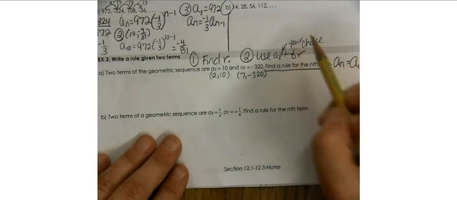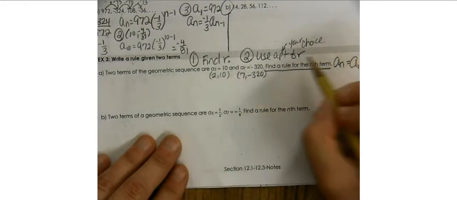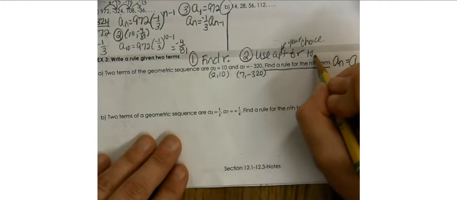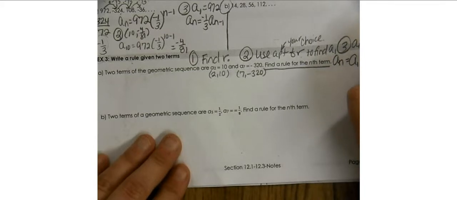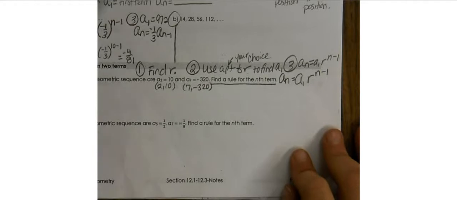Those are our 2 points that we're going to work with. So we're going to use a point of our choice and r to find the first term, a sub 1. Then step 3, we're going to write our rule in the form of a sub n is equal to a sub 1 times r to the n minus 1 power. So those are our 3 steps that we're going to do.